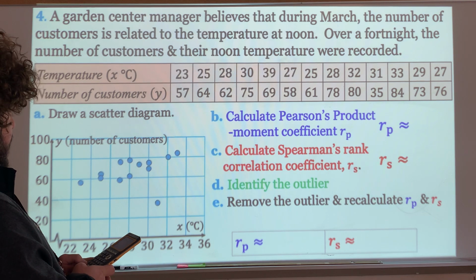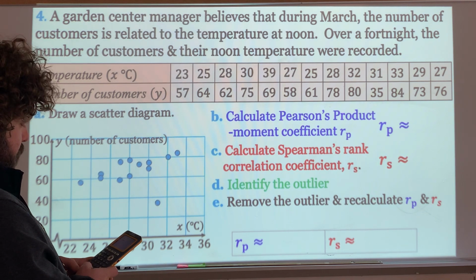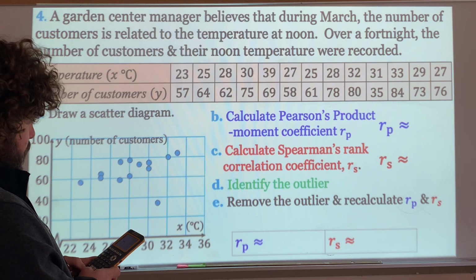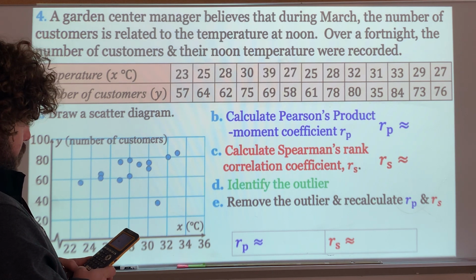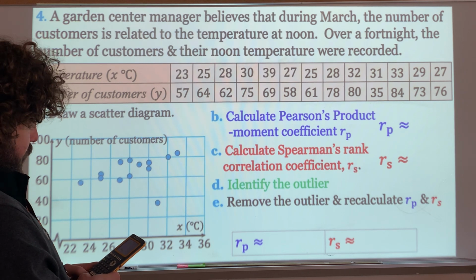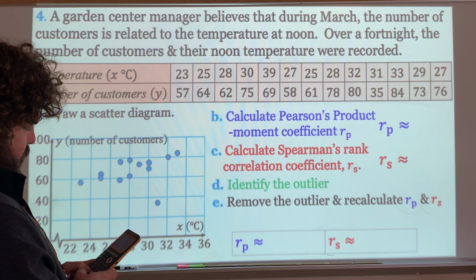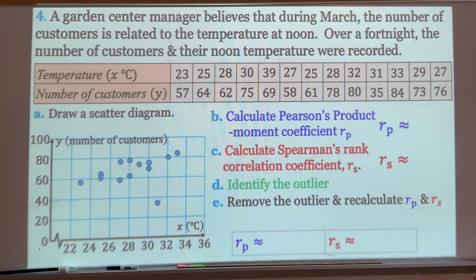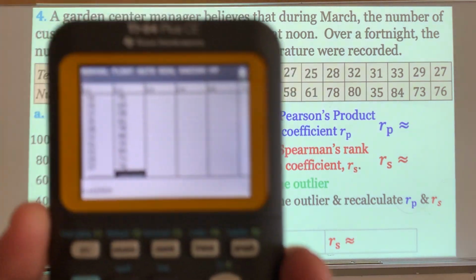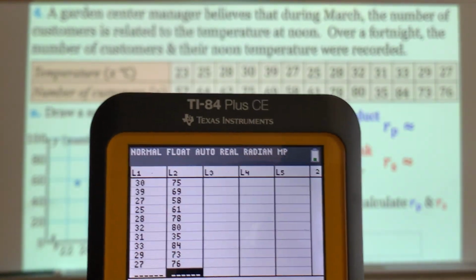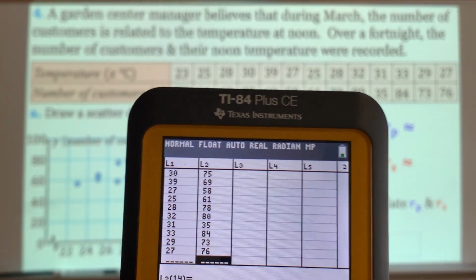Second column: 57, 64, 62, 75, 69, 58, 61, 78, 80, 35, 84, 73, 76. Should have something that looks like a bunch of numbers. Pearson's product moment correlation coefficient.